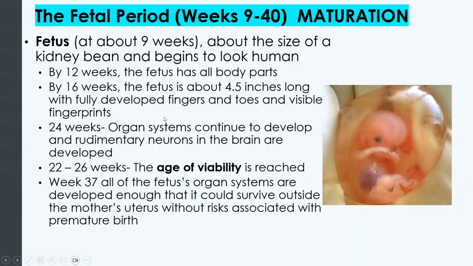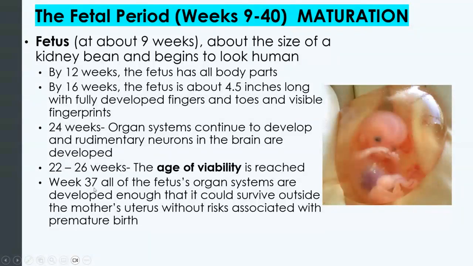And notice all these markers: 12 weeks having all its body parts, 16 weeks being about 4.5 inches long. At 24 weeks, organ systems are still continuing to develop and mature, but you're already having rudimentary neurons in the brain being developed.